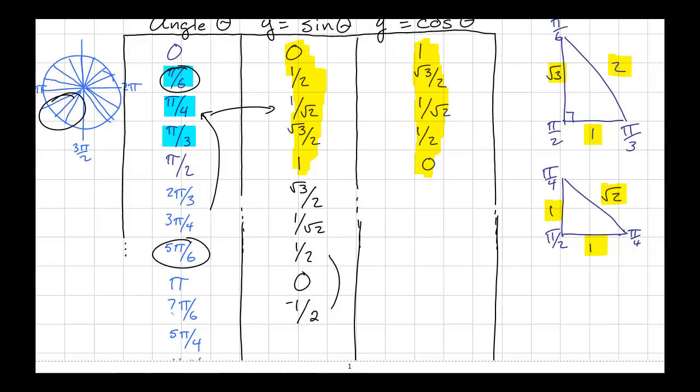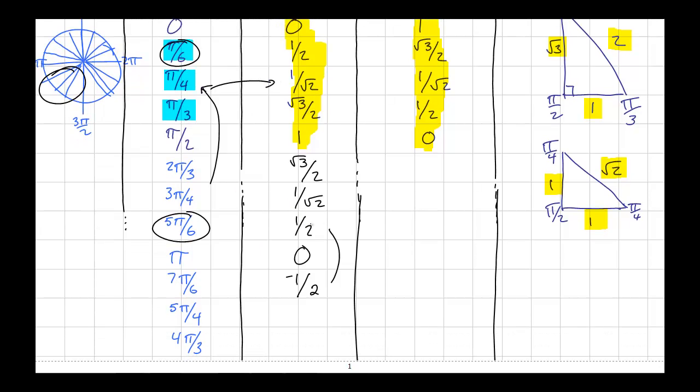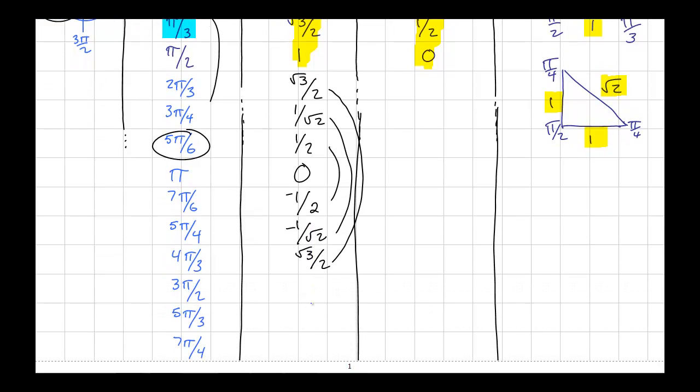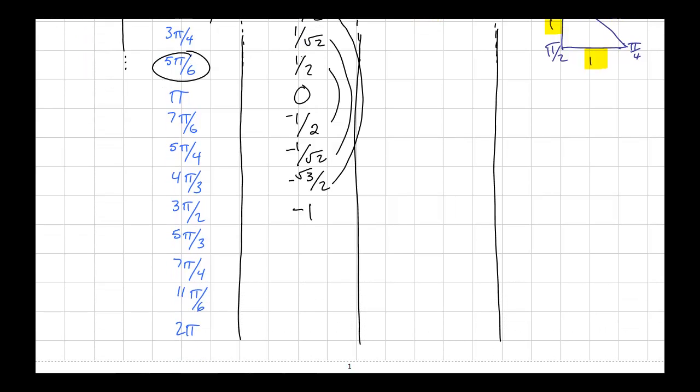Look at the pattern here. 5 pi over 4 is related to pi over 4, so 1 over root 2, but it's negative. Again, look at the pattern. I hope you can see that the next one must be negative root 3 over 2. We've been going down from 0, and at 3 pi over 2, we should get to negative 1. Then we start building back up towards 0 again.